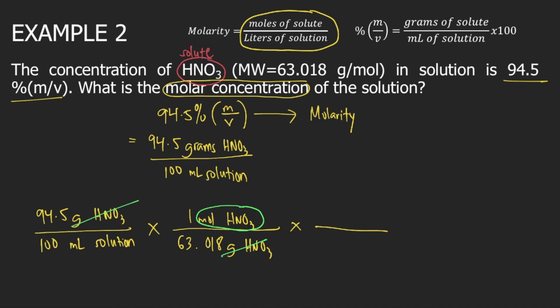And we know that 1,000 ml is equivalent to 1 liter. So ml of solution will cancel, and the unit on the bottom becomes liter of solution. So on top, we have moles, and on the bottom, we have liter. So moles per liter. And that's exactly the unit for molarity.